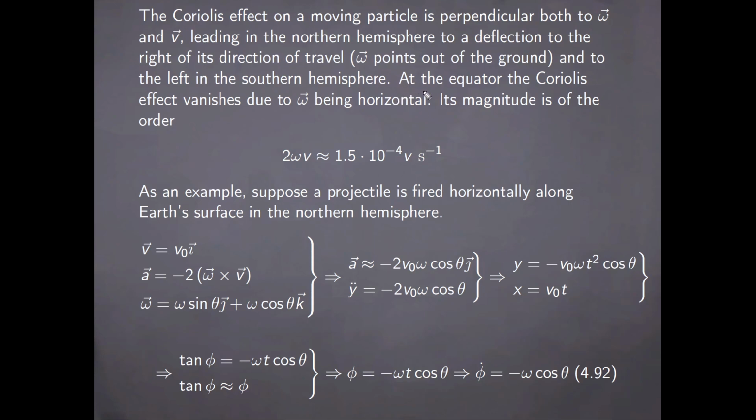At the equator, the Coriolis effect vanishes due to the angular velocity being horizontal. Its magnitude relative to a given particle velocity v is of the order expressed here.